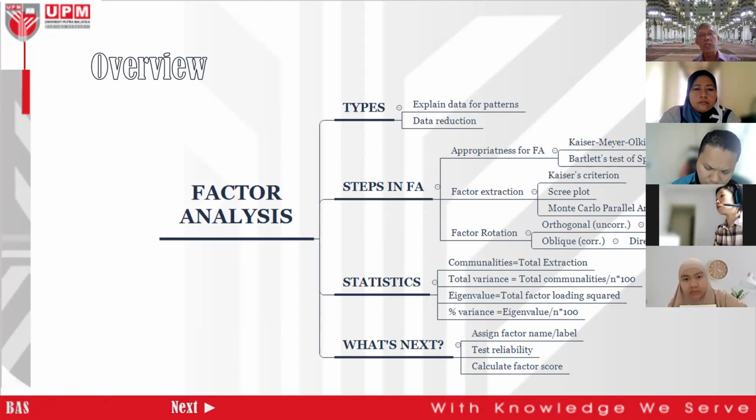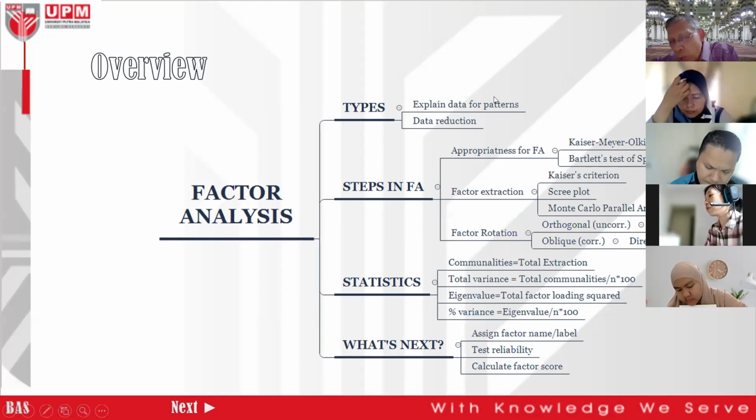Second, we want to share the steps in factor analysis. We have three stages. Step 1, we want to check whether it is appropriate for you to run EFA for your data set. Luckily in SPSS, we have two statistics to test whether your data is appropriate for EFA.